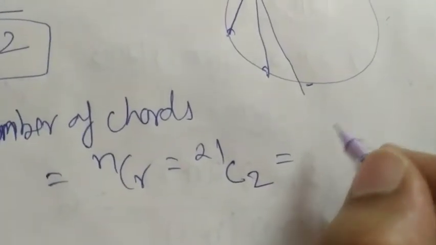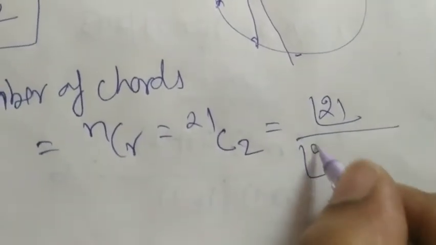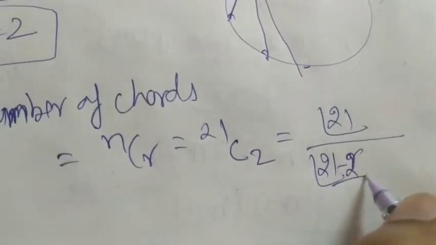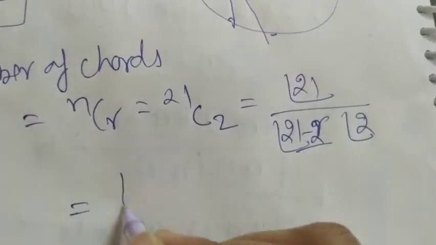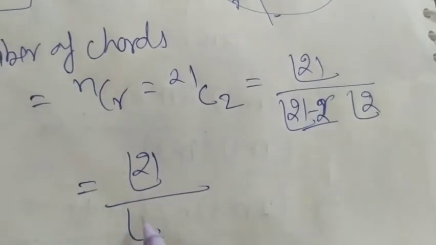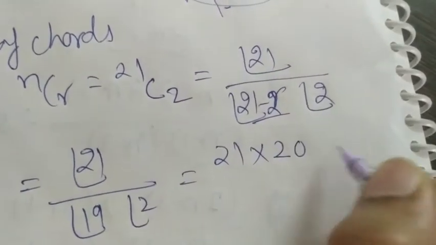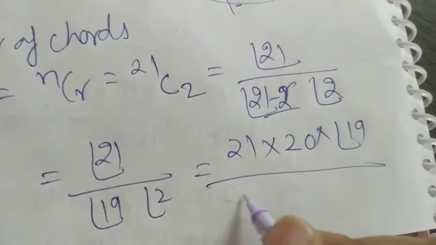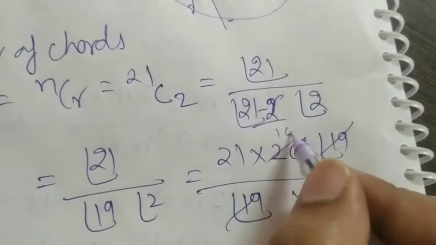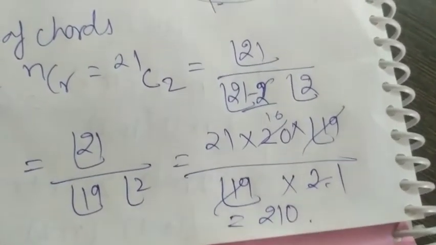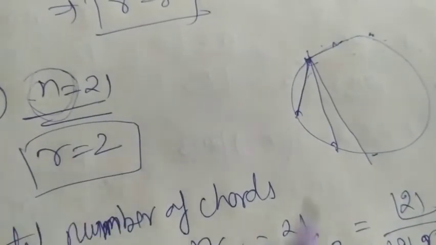Using the formula of nCr, factorial n upon factorial n minus r, that is 2, and factorial r, I have factorial 21 upon factorial 19 and factorial 2. 21 can be written as 21 into 20 into factorial 19. This term is cancelled out. This is 10, 210. We can draw a total of 210 chords using 21 points.